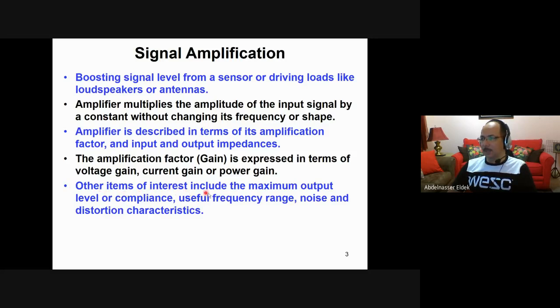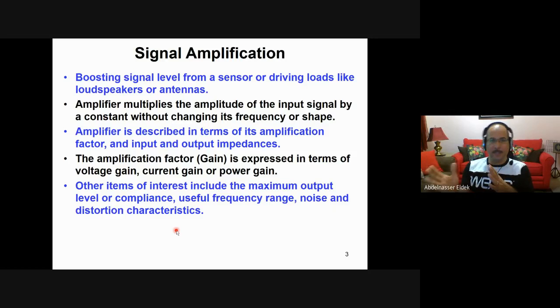Other items of interest include the maximum output level or compliance, useful frequency range, noise, distortion, and so on. So this is some stuff that, if you design an amplifier, you need to study. When you design an amplifier, you cannot amplify unlimitedly. You have to have a limit for the input signal.